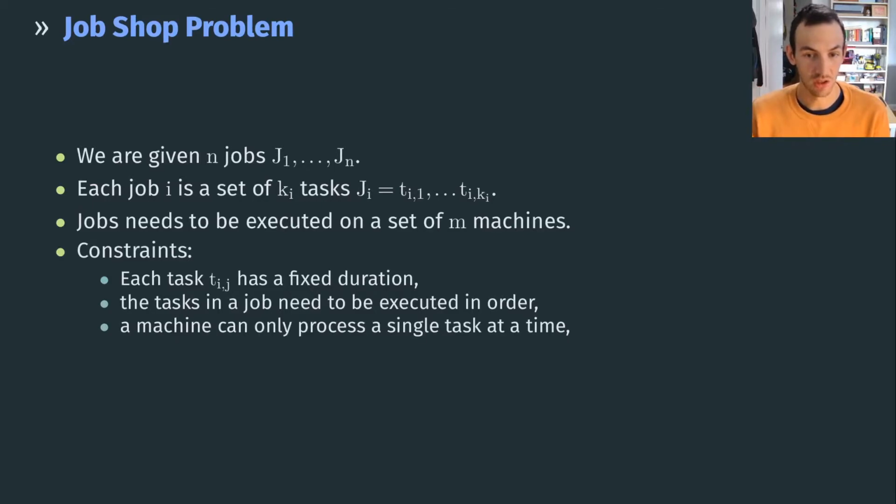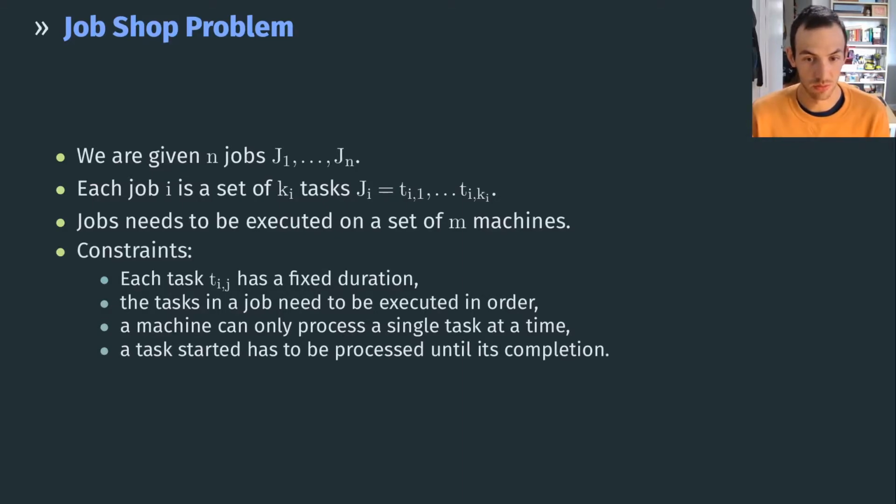And a machine can only process a single task at a time. So for example, if t_i1 and t_j1 have to be executed on the same machine, they have to be executed at different times. And finally, a task started has to be processed until its completion. So we have a function that gives us the duration of the tasks, and when a task is started, we have to process the task until it is finished.